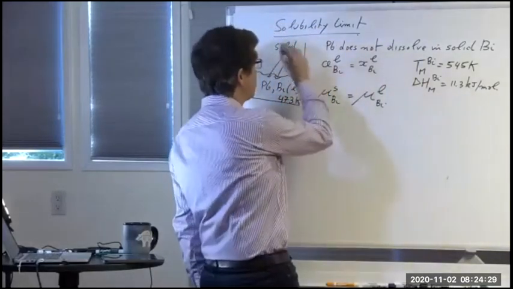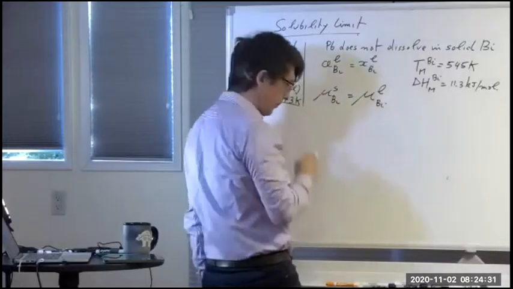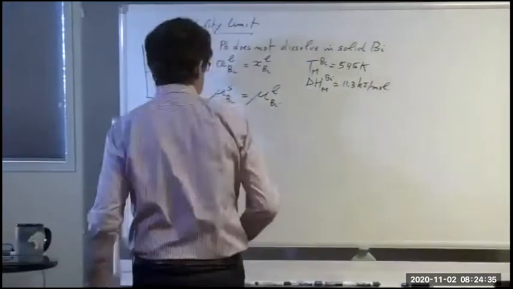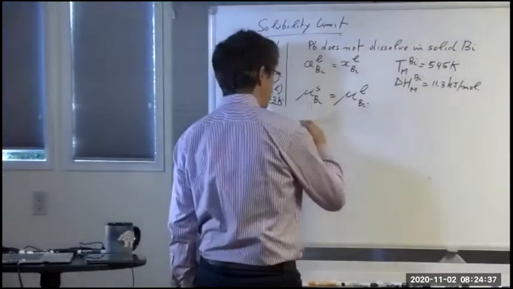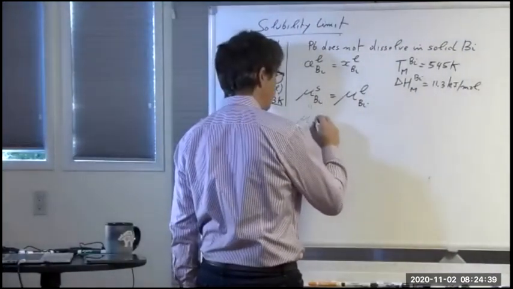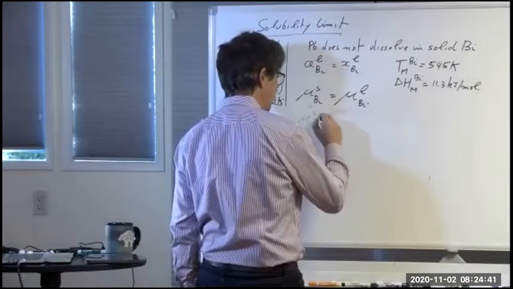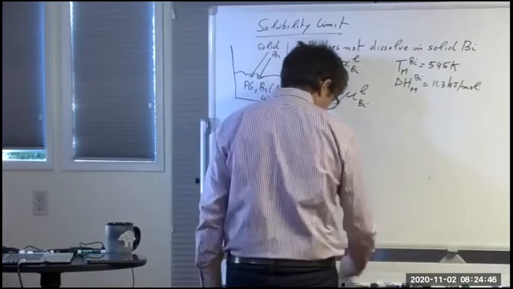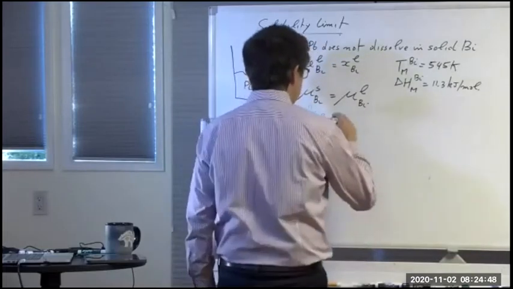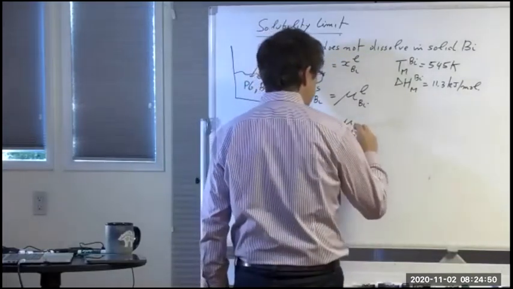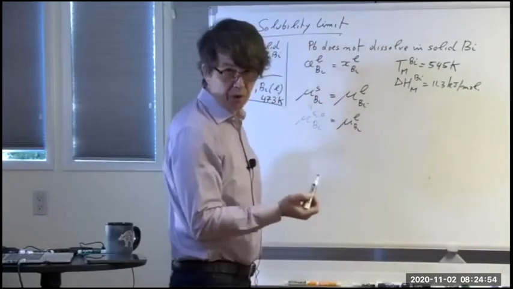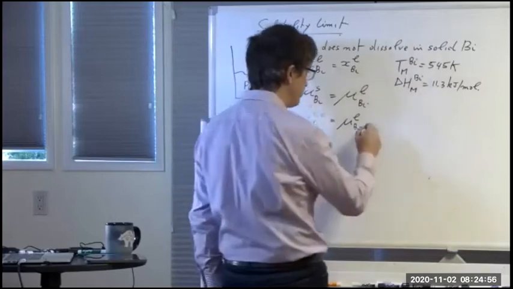And here, let me do this explicitly, since the solid is pure, this simplifies slightly. This is the chemical potential of bismuth in the solid, and it's now a pure state, so it has no compositional dependence. And so that has to be equal to the chemical potential of bismuth in the liquid. This is one equation in one unknown, right? The unknown is here.